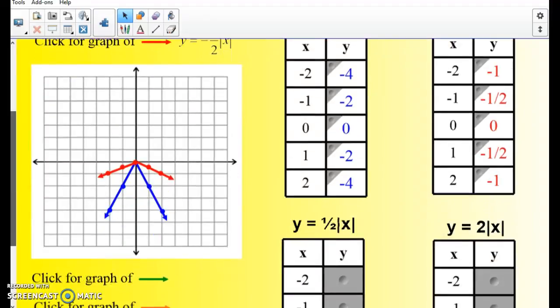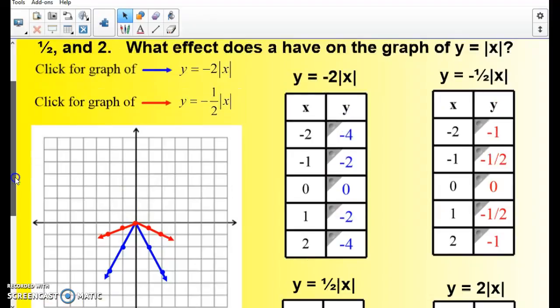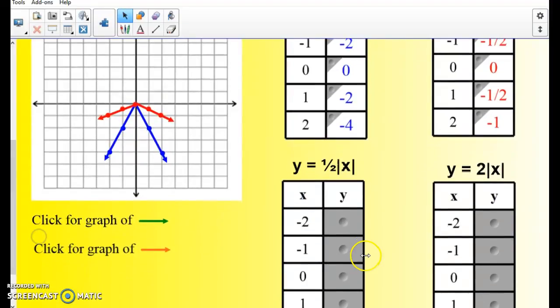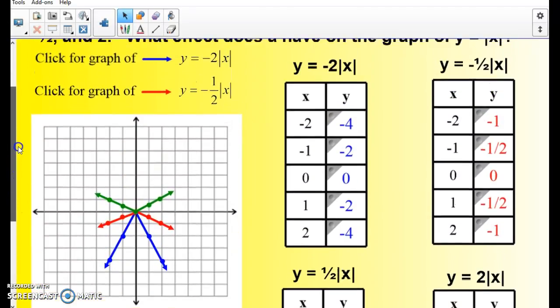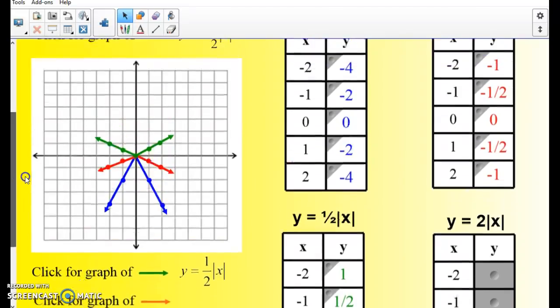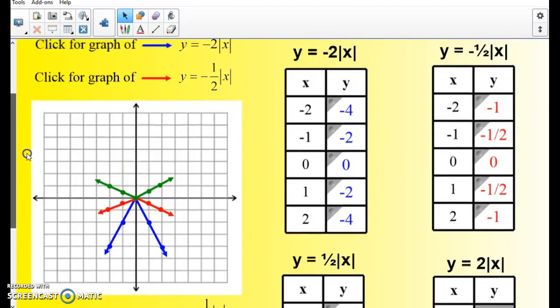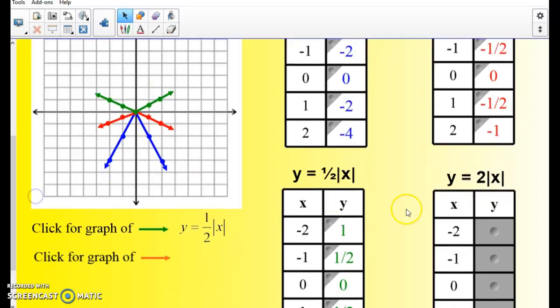We can look at these positive ones now, pretty much exactly the same, except they're going to be positive. So -2 and 1, 1/2, 0, 0. Our green graph is pretty much going to be the opposite of the red graph, because it's 1/2 x versus -1/2 x. Same thing with this blue graph and orange graph, which is a positive 2x.